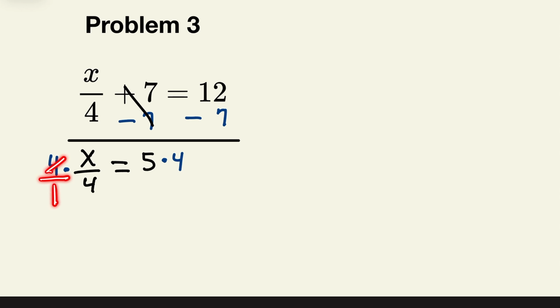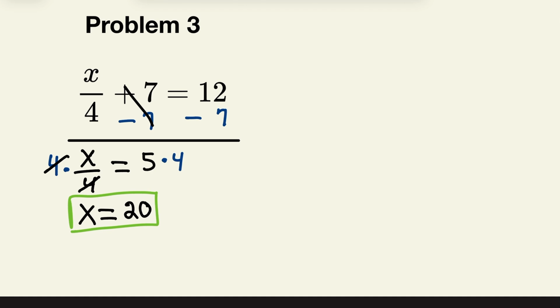And notice that the 4's will cancel out, and you're left with x. So the 4's cancel out, and we're left with x on the left side equals 5 times 4, which is 20. X equals 20 is your final answer.